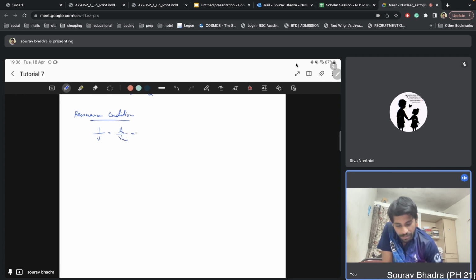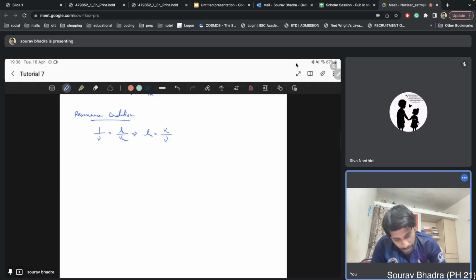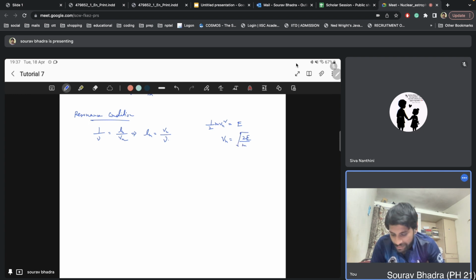That means you can write ln as Vn by nu, and Vn can be written in this way, that is, from the total energy E: Vn is the square root of 2E by m. E is the energy gained by the particle, which can be written as n cube V also, where V is the voltage. So if we put that expression of V, we find it will be 2E by m, right?